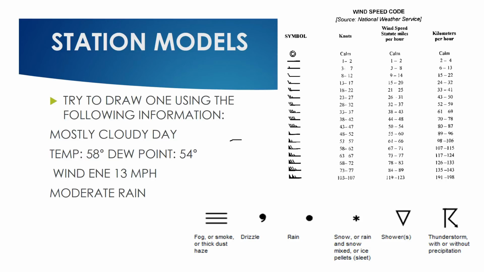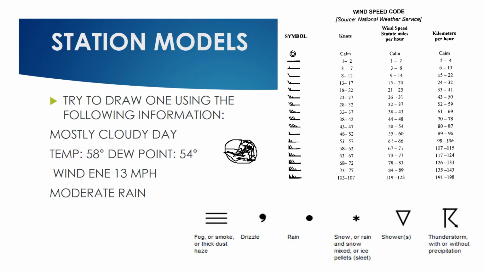So it might be best to start with a circle. And you have to forgive my drawing here since I'm doing it online using my mouse. Mostly cloudy usually means most of the circle is filled in. I'm not going to spend all the time filling it in here, just so you get my idea. Okay, there's a mostly cloudy day.